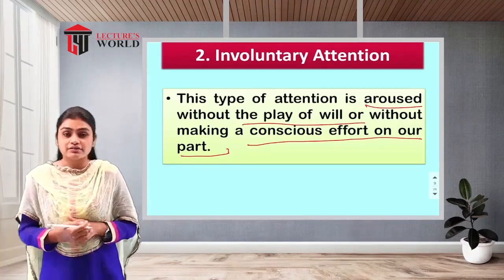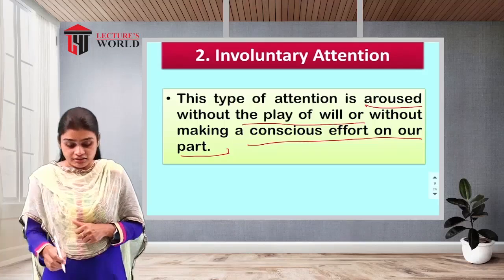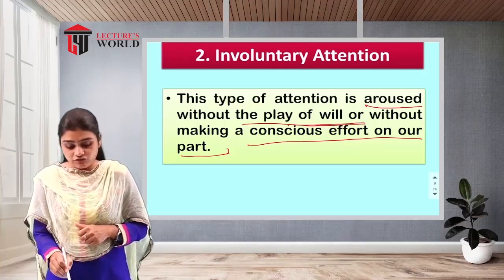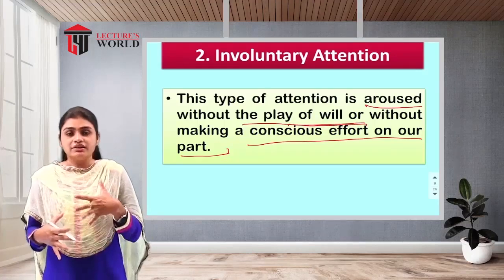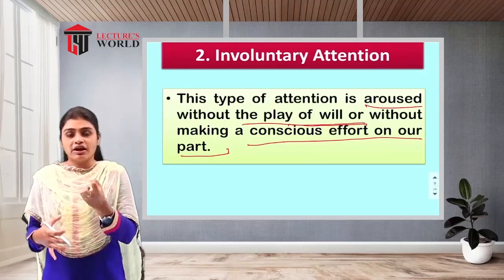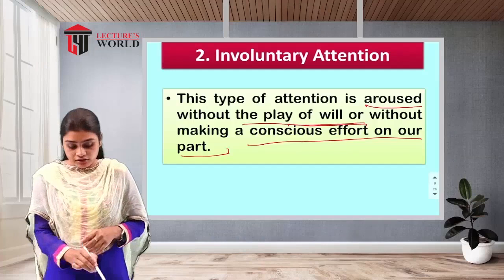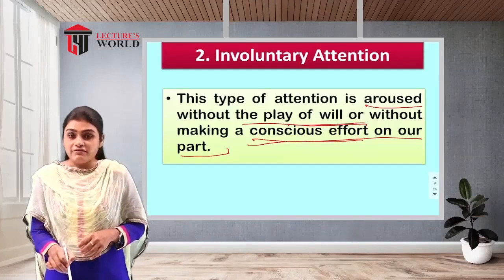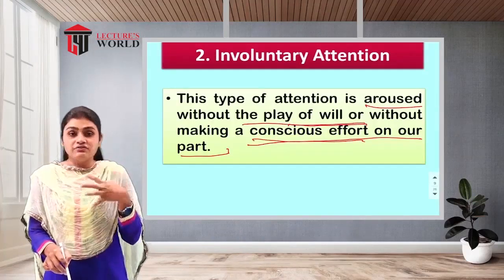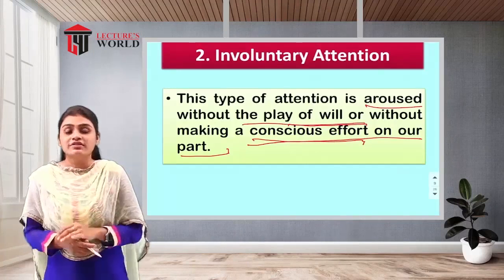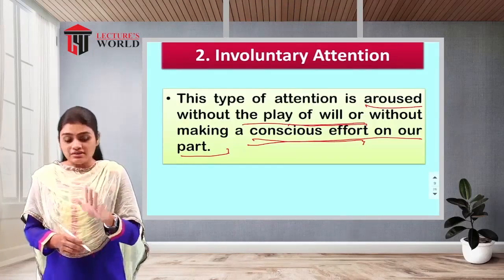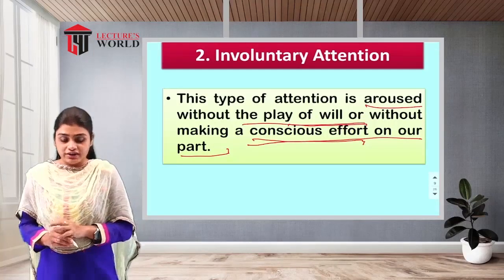That means without play of will, we don't have any will that I want to achieve this or I want to do this. Without making a conscious effort, consciously or actively from our side, we are not focusing on that particular thing. So that is called involuntary attention.